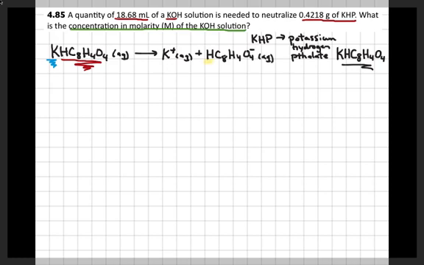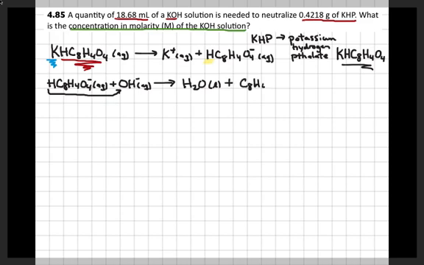The hydrogen of this hydrogen phthalate is acidic, and so in a reaction with a base, in this case potassium hydroxide, the hydroxide reacts with the hydrogen phthalate. The hydrogen phthalate donates its hydrogen as an H+ to OH-, to produce water and also phthalate anion, which has a 2- charge.